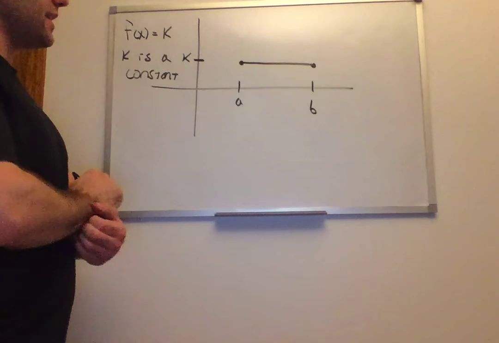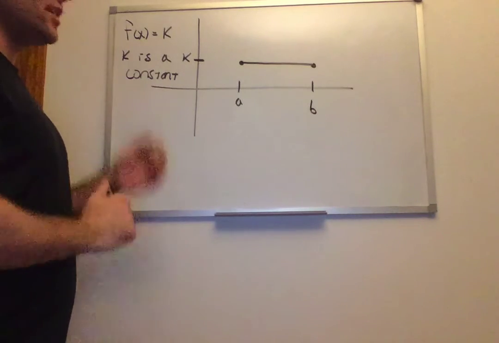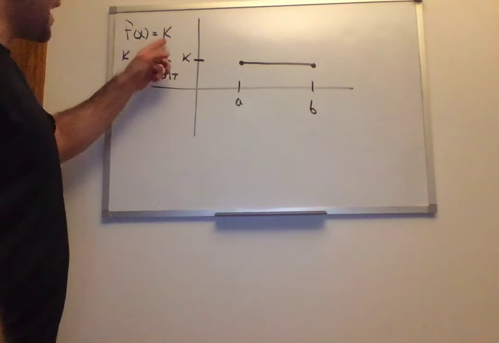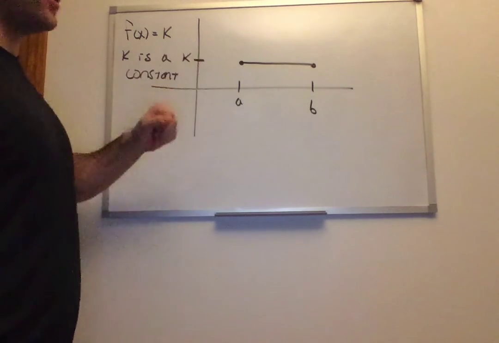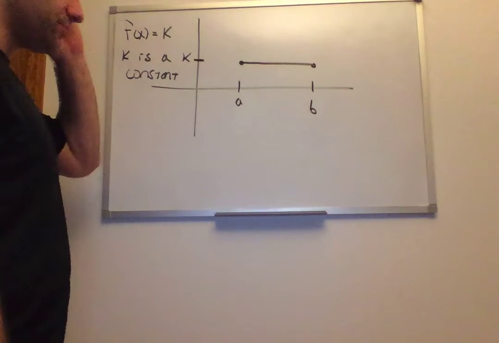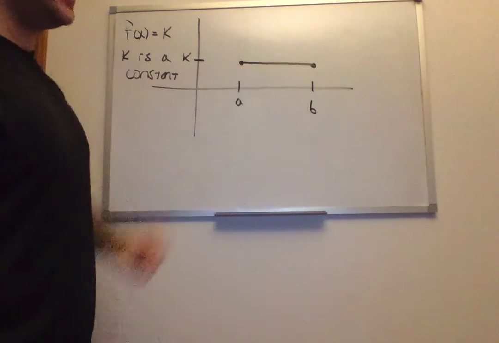The first one, that it is continuous on the closed interval a to b. Now, it's a constant function. It's just a horizontal line going through k, whatever k is. It's just a number. It is definitely continuous.